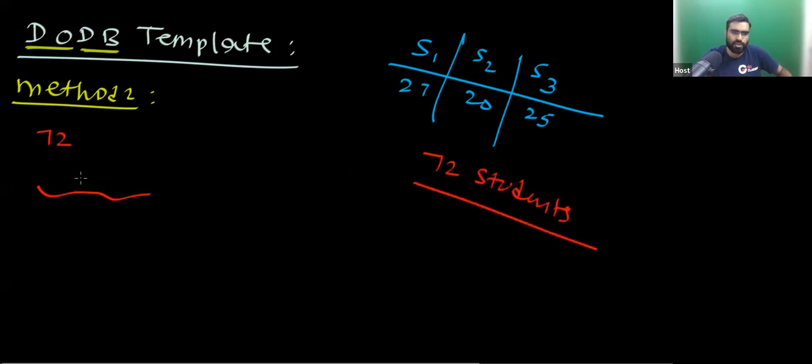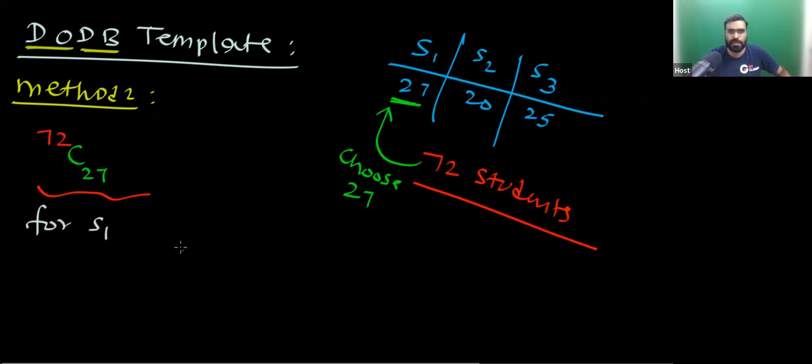From these many students, you can select 27 students. You can choose 27 and you can give to S1. Very simple.